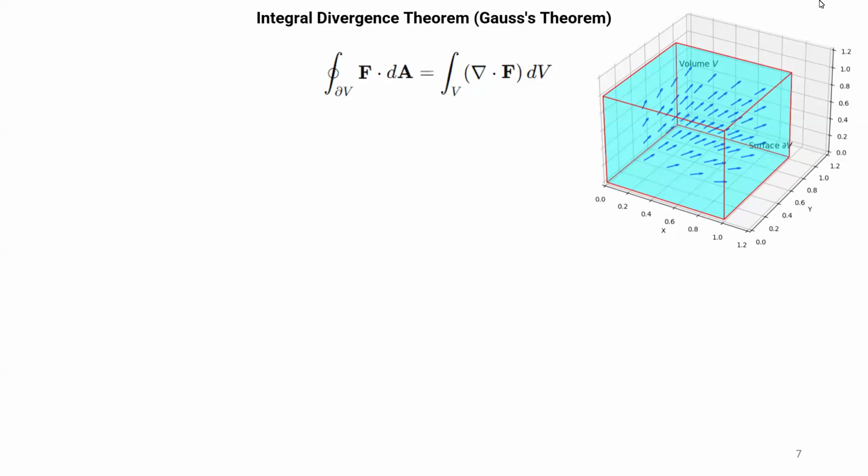However, if this volume embraces a source or some number of sources, then this integral on the right won't be zero, and as a result you get some non-vanishing net field flux through the surface of this body.